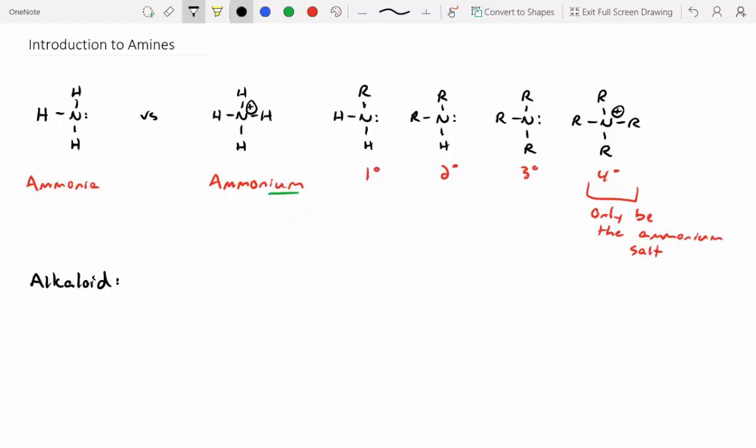So if you think about nicotine from cigarettes, that's an alkaloid, right? It's an amine derived from a plant source.